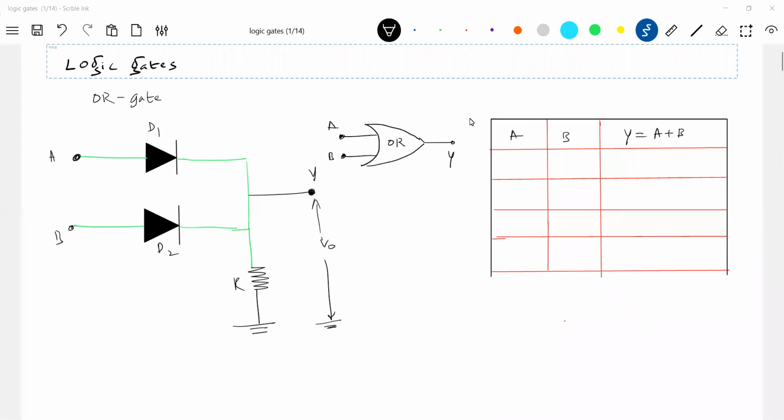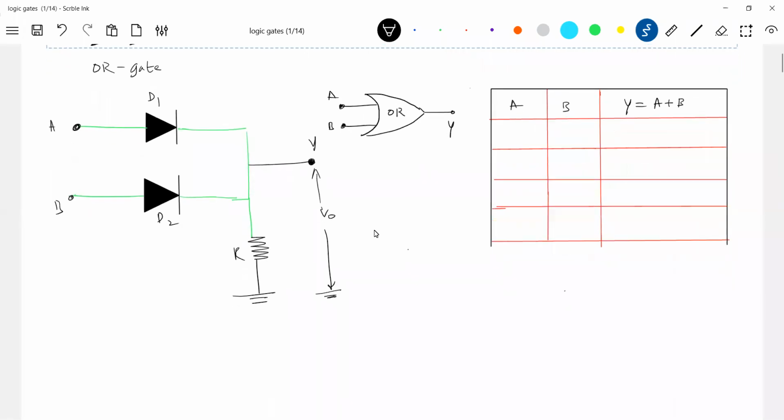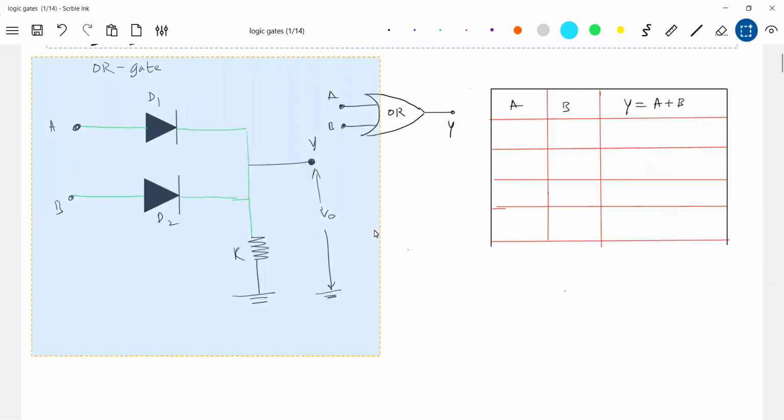Okay, first we'll study this circuit here. So basically logic OR means, so first I'll make A as 0 volt. I think the diagram has become a little bit big. We'll make it small.